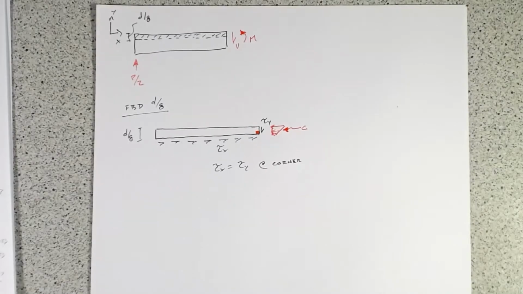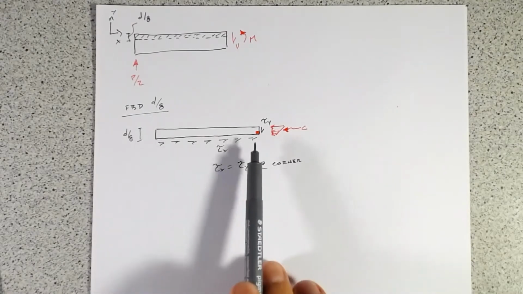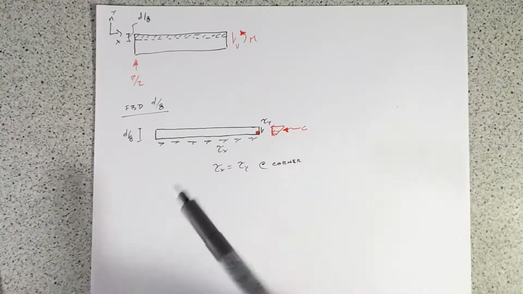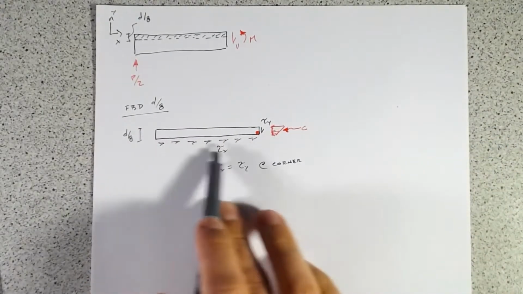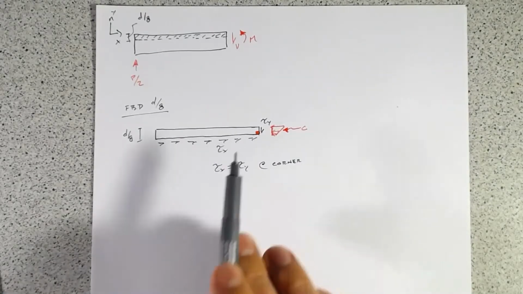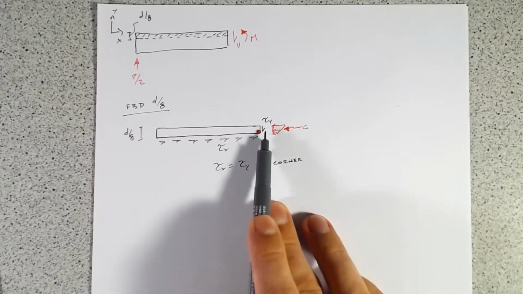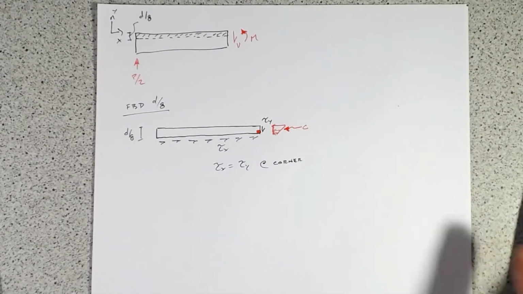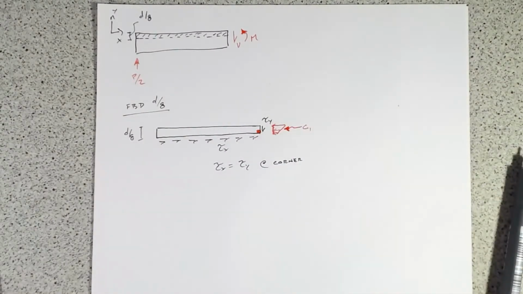So that's a good first step. We know that if we take deeper and deeper cuts, this force here has to equal this force to keep everything in equilibrium, and so that means that we can slowly plot what our transverse shear is down the depth. So we'll call this C, we'll call it C1.